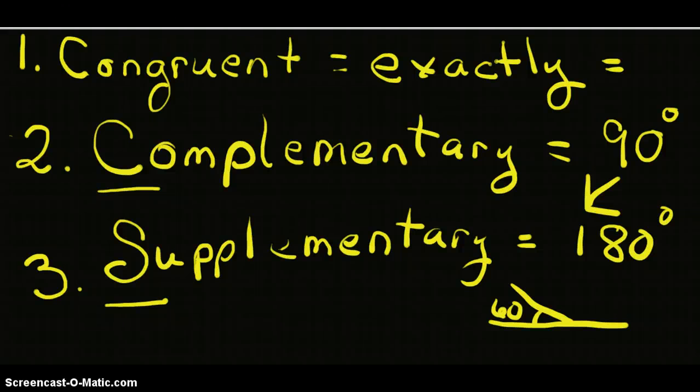And this is what I have come up with, that complementary and supplementary are in alphabetical order. They're also in numerical order. If you will look at the first letters of these words, C comes before S in the alphabet, so if we were to alphabetize them, they would be in that order. But if we were to put them in numeric order, they would also be in the same order.